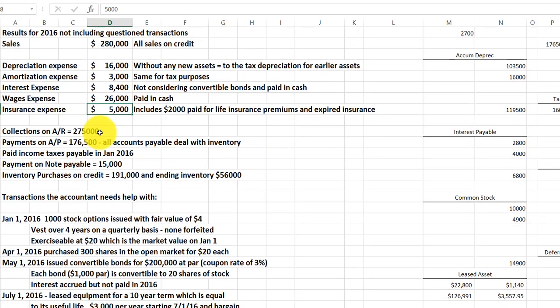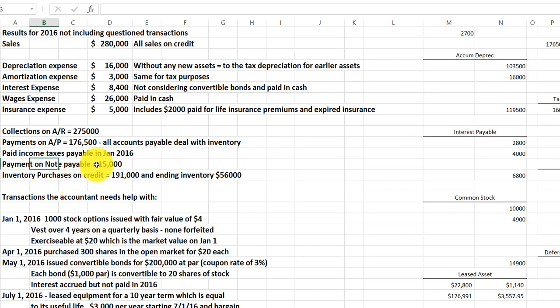We collected $275,000: debit cash, credit accounts receivable. We paid off some of our bills: debit accounts payable, credit cash. Income taxes payable from the balance sheet, we paid last year's taxes.